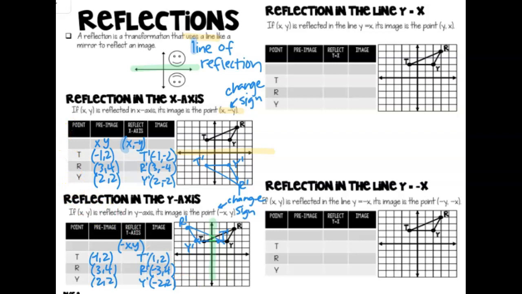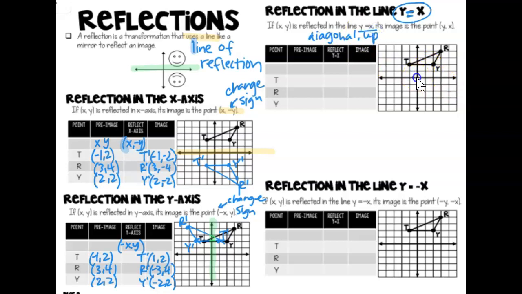Okay, we have two more, and I am going to do both of these examples because they are different. So again, we're going to be reflecting our same triangle TRY, this time in the line y equals x. I want to make sure you see that means equals. So the line y equals x is a diagonal line that is going up.